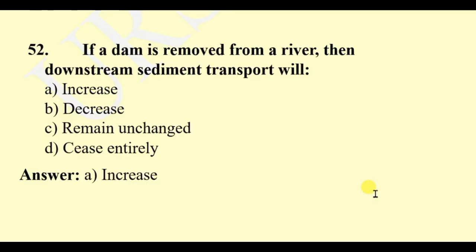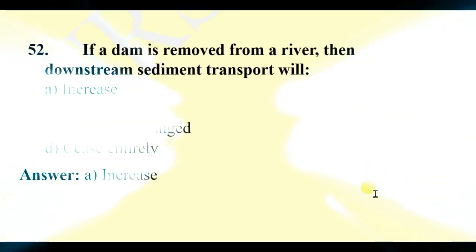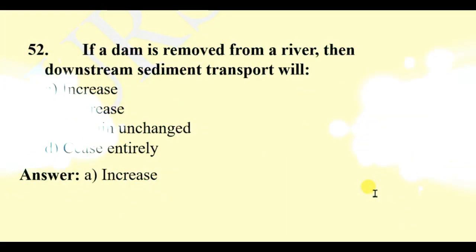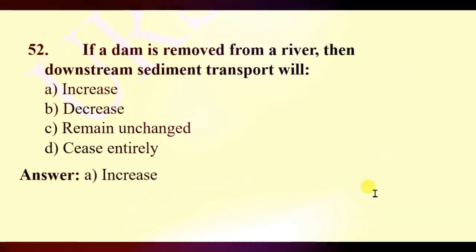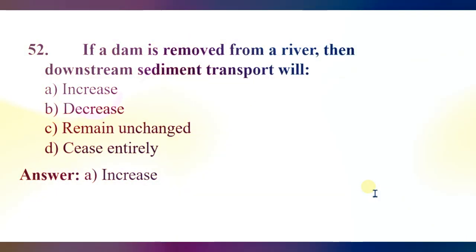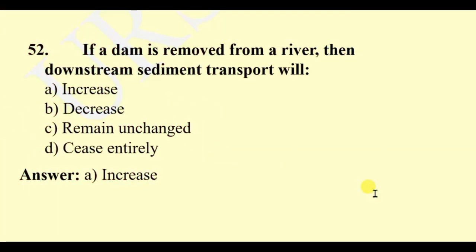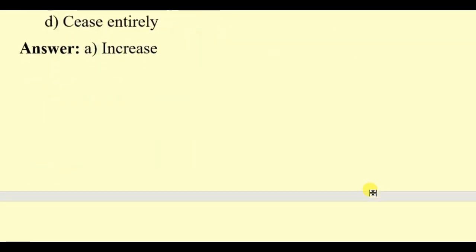Water can move beyond the dam, but not all sediments can move beyond the dam. Only some suspended sediments which are not deposited into the bed of the reservoir can be transported downstream of the dam. But if the dam is removed, then the river sediment transport will increase.